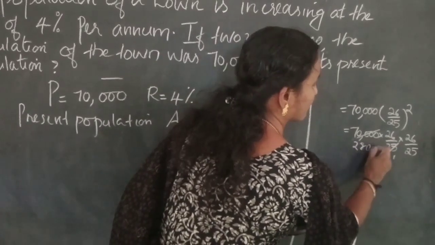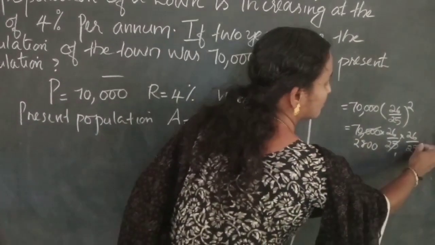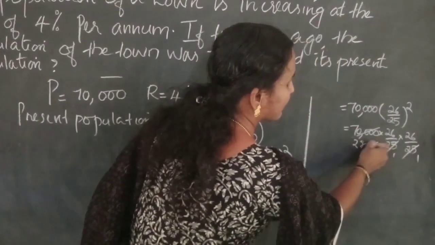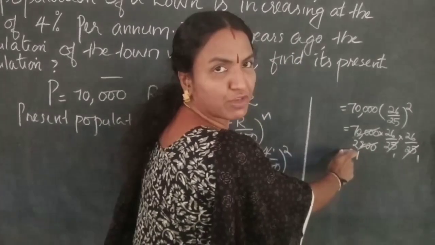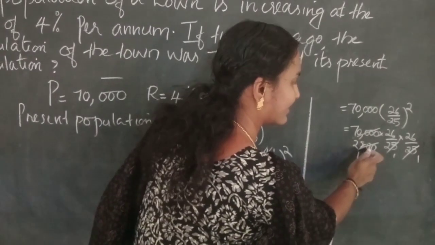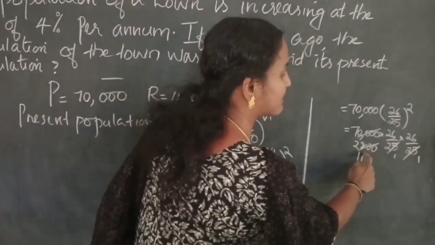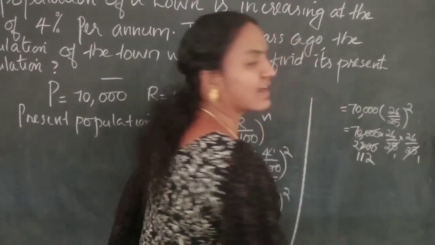Then put 2 zeros. Again 25 and 2800. 1 25 is 25, here 1 25 is 25. Then balance 3, 30. Again 1 25 is 25. Then again balance 5, 50. 2 25s are 50.